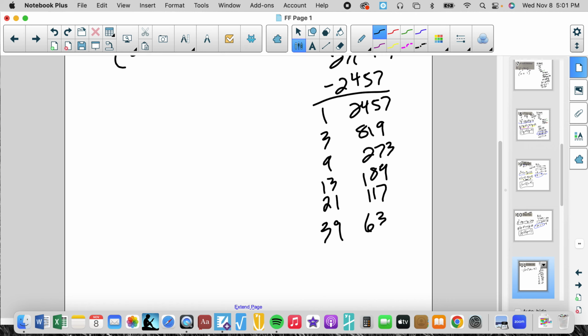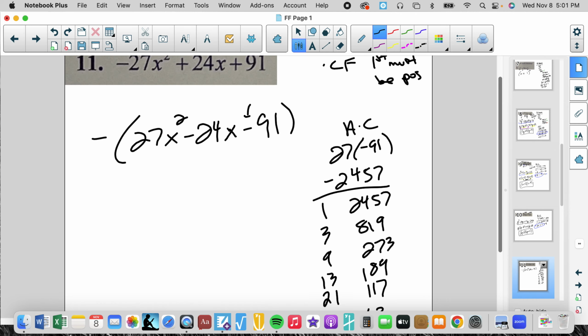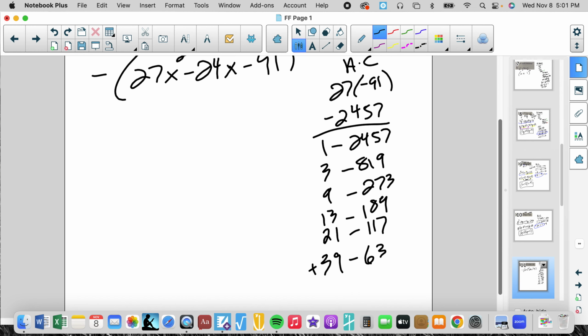Now the signs are going to be different, and the bigger is negative. So bigger is negative, and the signs are different.